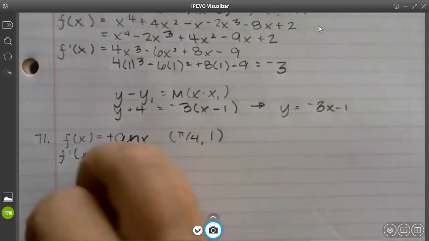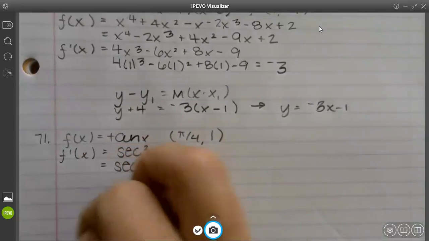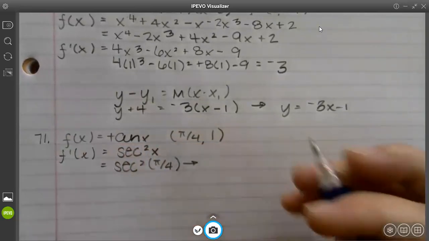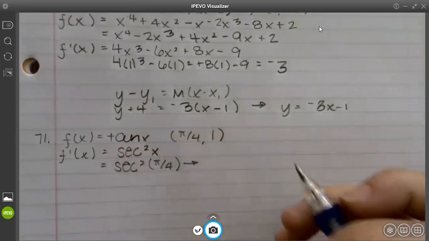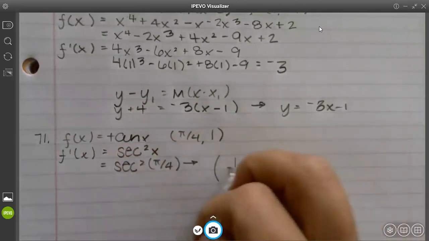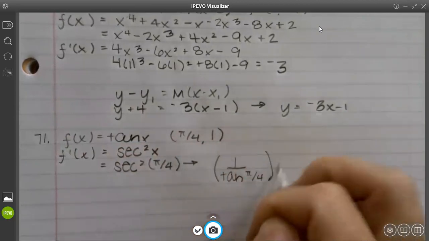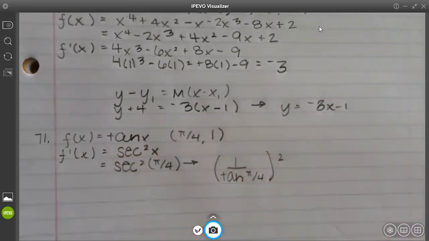You're going to plug in your x. What is secant? In your calculator, you can do it like this. Okay.